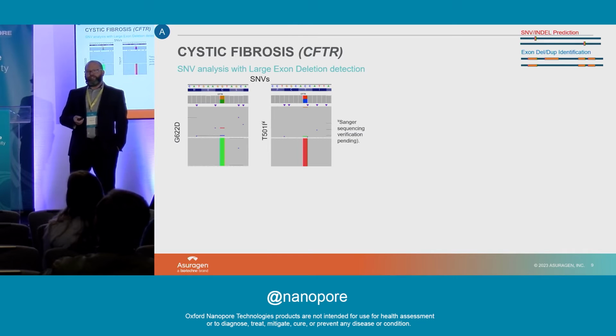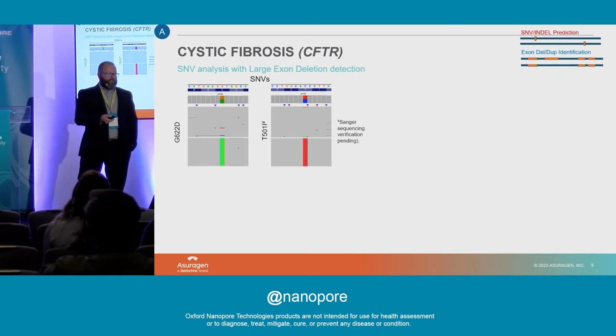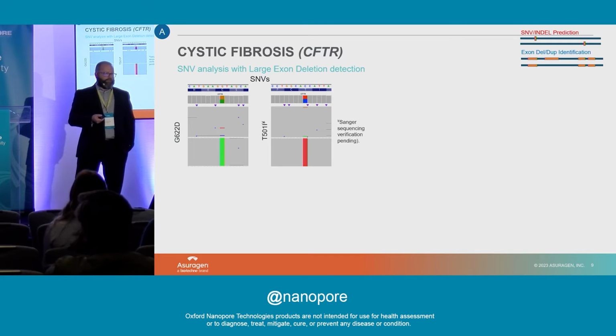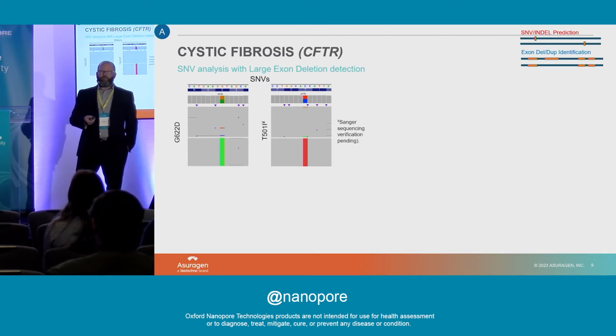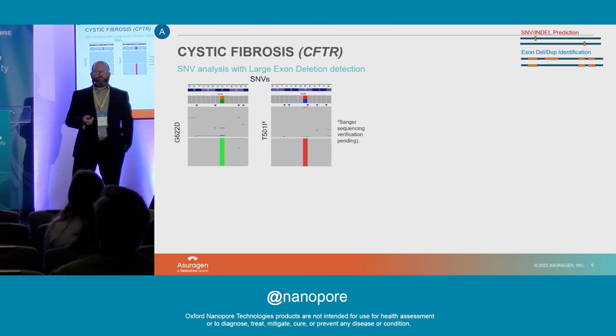SNVs are really easy with the 10.4.1 kit. Here we have two different haplotypes associated with G622D and T501I. The T501I has not yet been verified by Sanger sequencing. These are both blood samples that we have a collection of in-house.